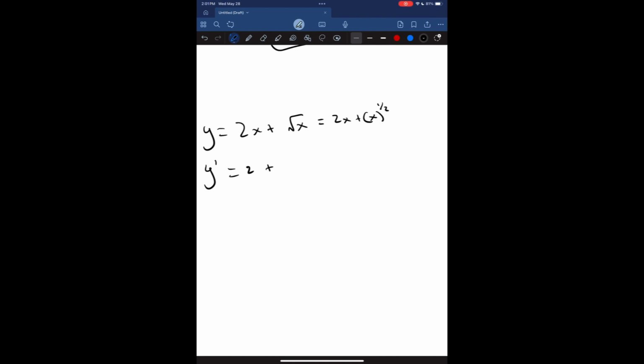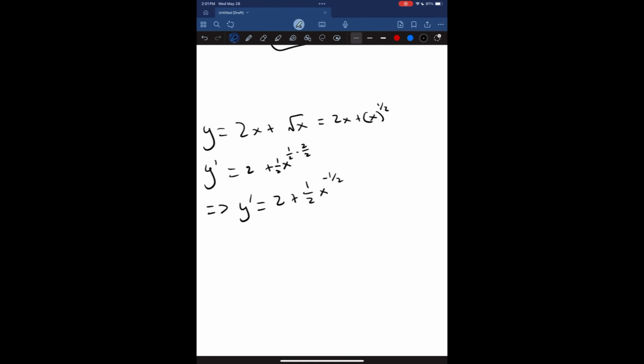Here we have x to the 1/2. So let's subtract 1 from that exponent. That's going to be x to the 1/2 minus 2 over 2, because remember 2 over 2 is just equal to 1. And let's not forget to multiply by our n value up front. This implies that y prime is equal to 2 plus 1/2, and we'll bring the 1/2 out front just to not confuse anybody, times x to the negative 1/2.